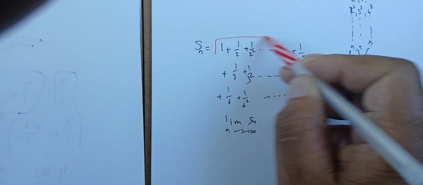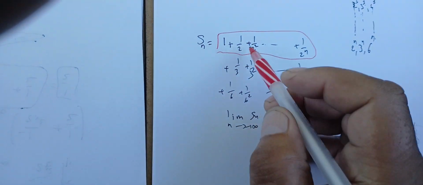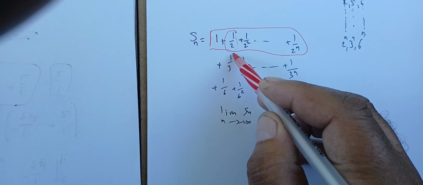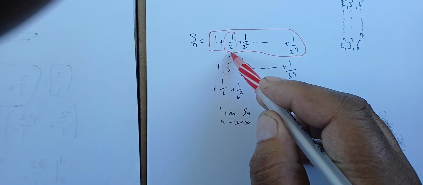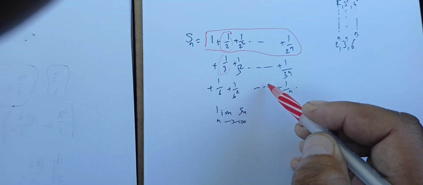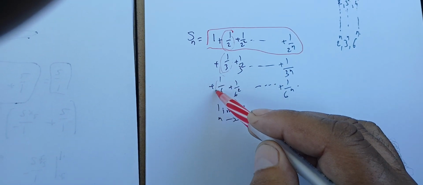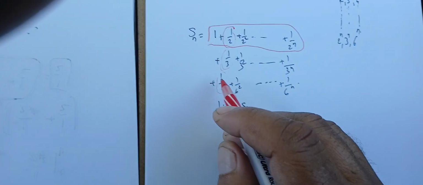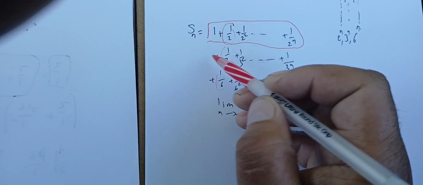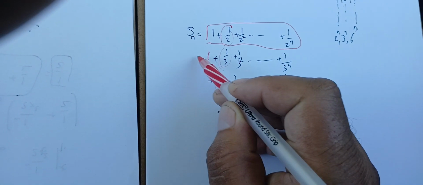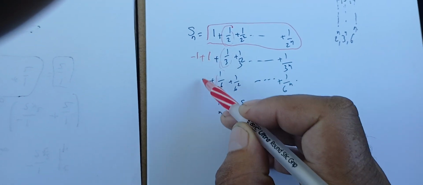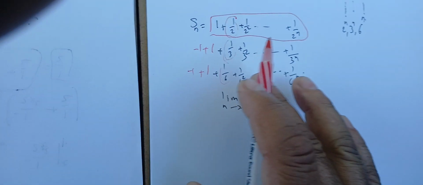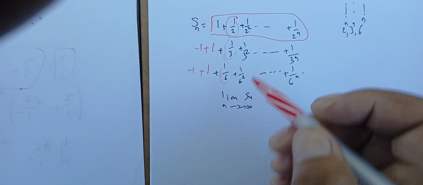This one here is a geometric sequence of common ratio 1/2. This one is a geometric sequence of ratio 1/3, and this one is a geometric sequence of ratio 1 over 6. But there is one thing that's missing. Here we need to have 1, so we add and subtract 1. Here we need to have 1 plus minus 1, to make it easier in the computation. There are many other ways.